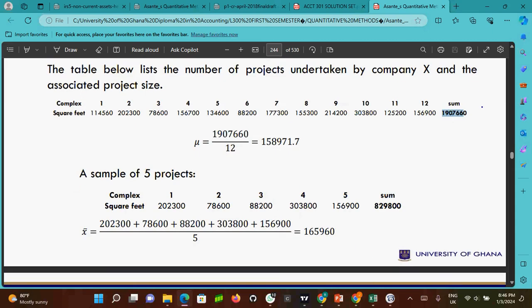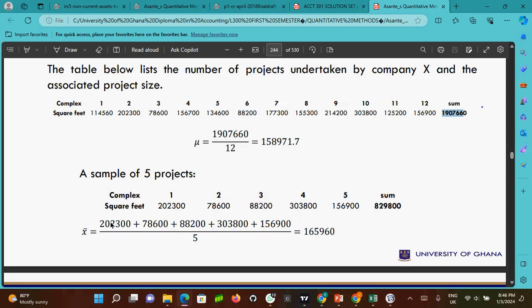So look at the sample mean. Here, they selected a few of them. They selected this one, this one, this one. They selected only 5 samples, right?